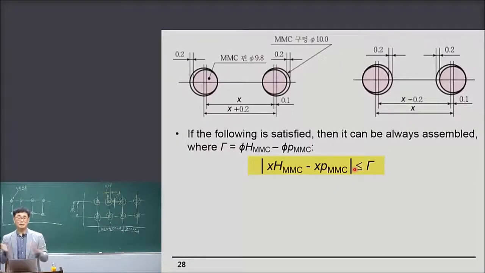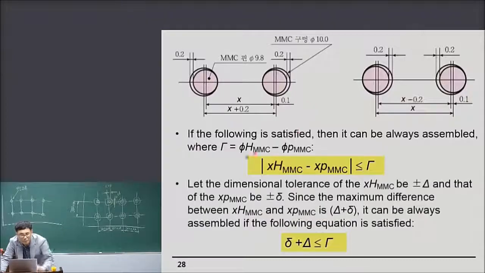It is satisfied and it can all be assembled, looking at this figure. Let the dimensional tolerance of the MMC hole be plus or minus large delta and that of the MMC pin be plus or minus small delta. Then, since the maximum difference between the center distance of the MMC hole plate and the center distance of the MMC pin plate is here, it can always be assembled if the following equation is satisfied.